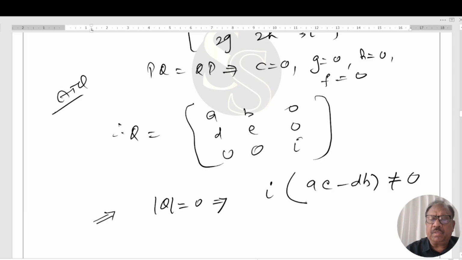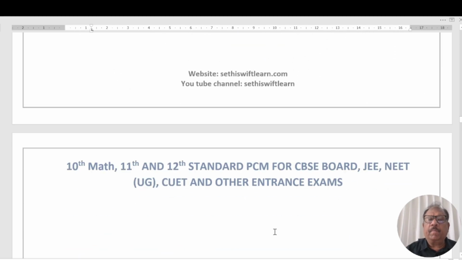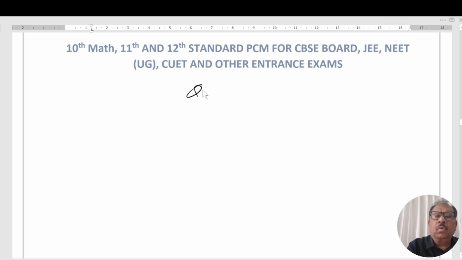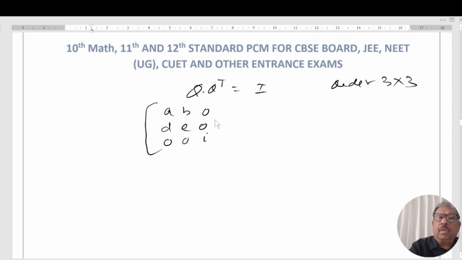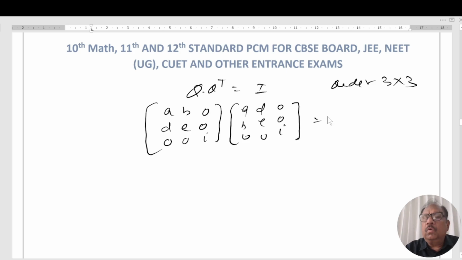Now to find the number of cases of matrices, first use Q into Q transpose equal to identity, of order 3 by 3. Q is A, B, 0; D, E, 0; 0, 0, I. Its transpose is A, D, 0; B, E, 0; 0, 0, I. The product equals the identity matrix 1 0 0, 0 1 0, 0 0 1.